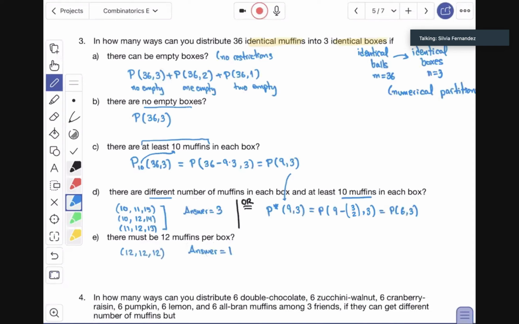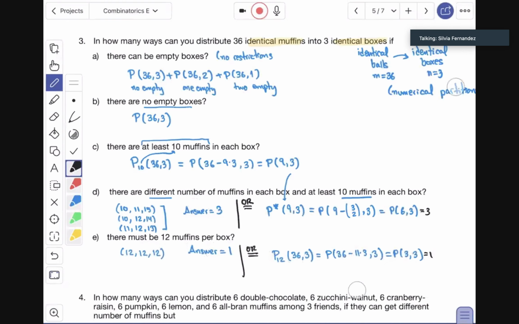But you could also, and I've seen already some people doing the P12 36 3. So, that actually reduces to 1 as well. So that's fine. This would be the P36 minus 11 times 3, 3, which is P33, which is 1. So you could do this as well. So this one is actually 3 and this one is actually 1.